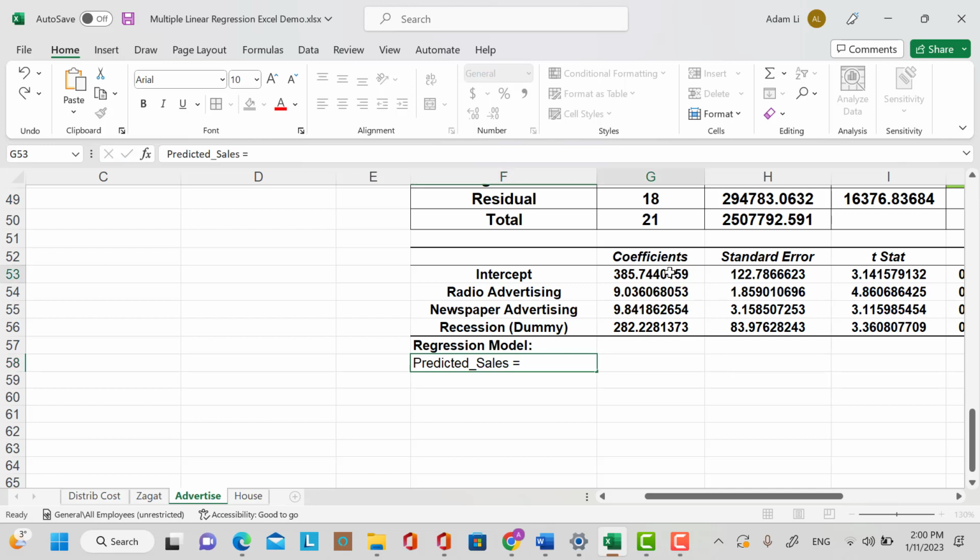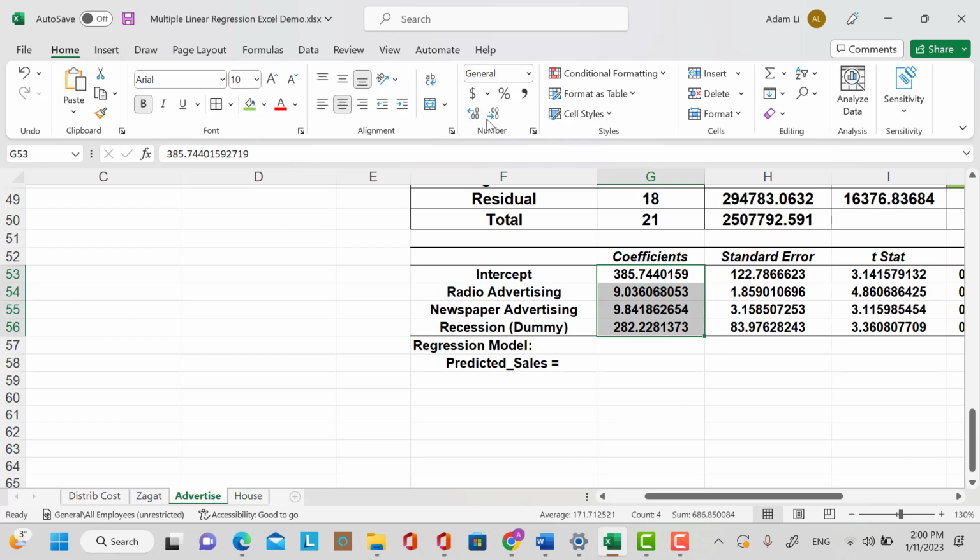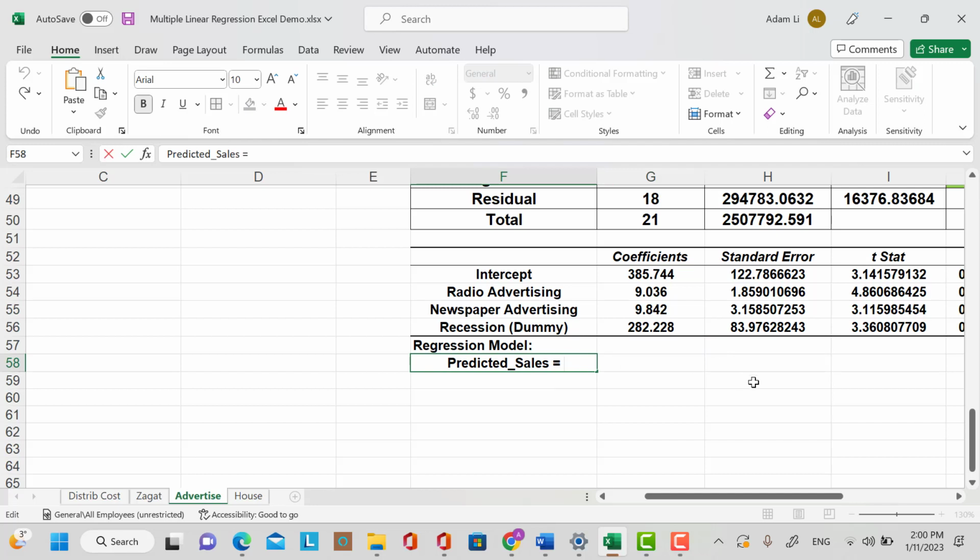Let me round it to 3 decimal places so we can write down the regression model quicker. So it's 385. That's the y-intercept, and the y-intercept here has no real meaning, so we're going to skip that.